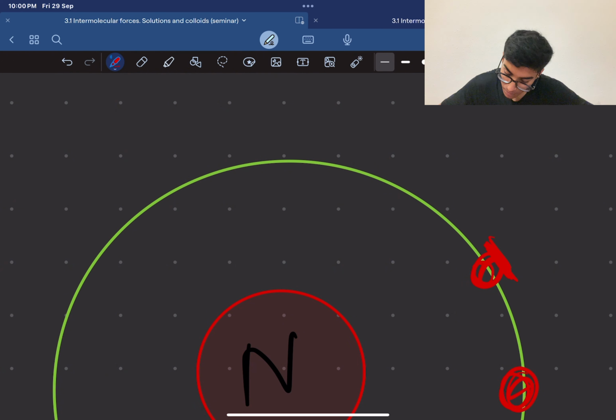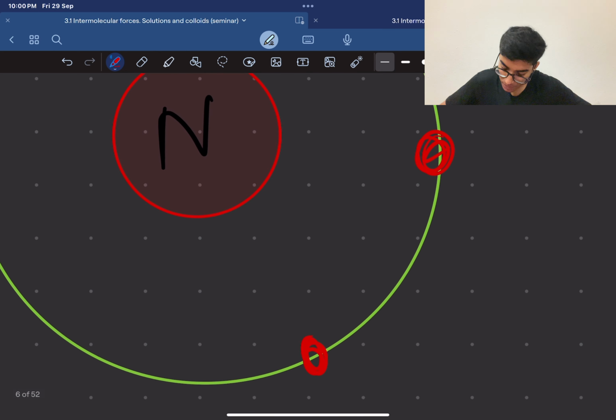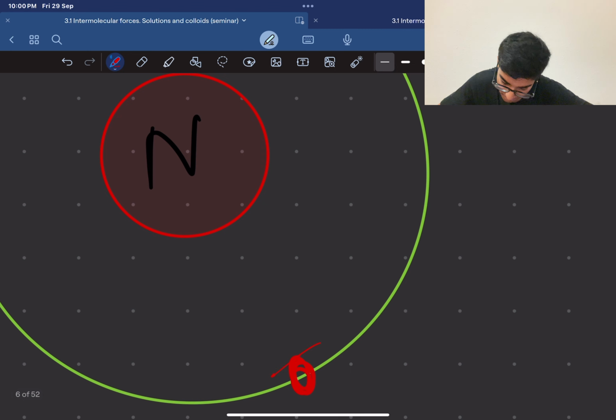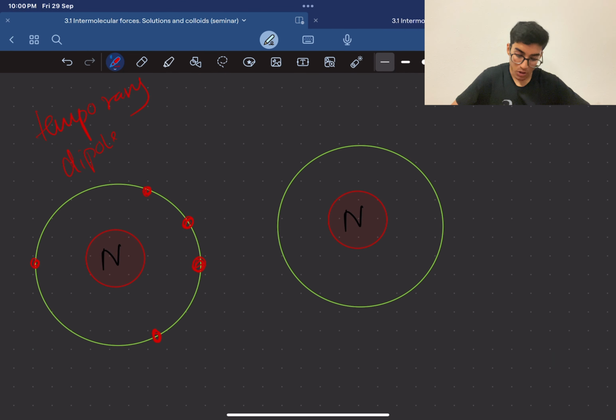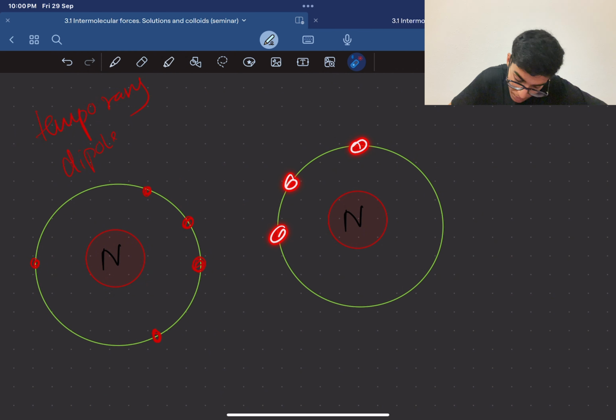Now let's consider that this one had equally spaced apart electrons.